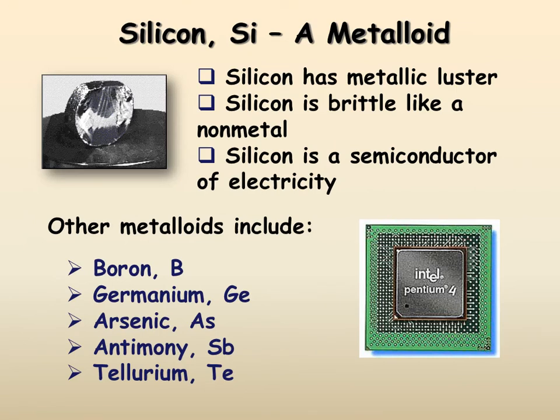One really useful metalloid is silicon. It's shiny, it has a luster, and it is brittle like nonmetals. But the key thing is how it is a semiconductor. If you've ever heard of Silicon Valley in reference to computers, silicon is the main element used in semiconductors and computers and many electronic equipment.